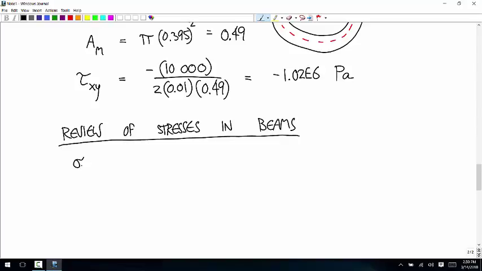So we know that the total stress is equal to the sum of the stress tensors for tension, compression, bending moment, shear force, and torque.